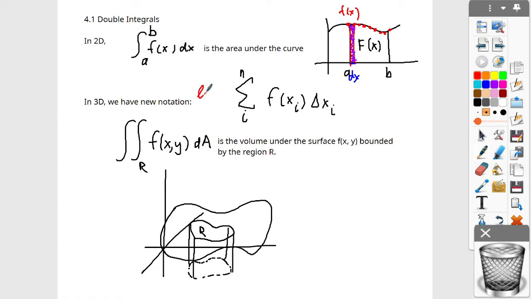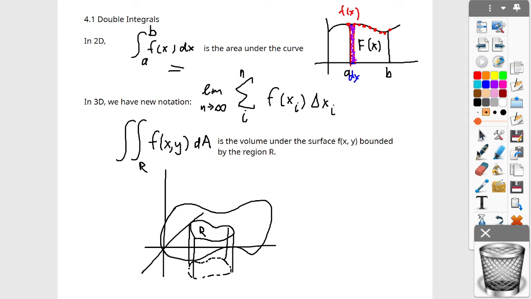This is equal to the limit as the number of slices n approaches infinity. If there are infinite slices, and all the slices are infinitesimally small, what we end up with is the exact area under the curve.